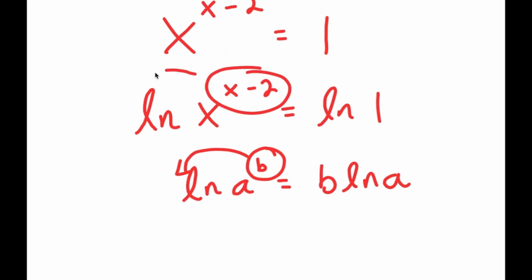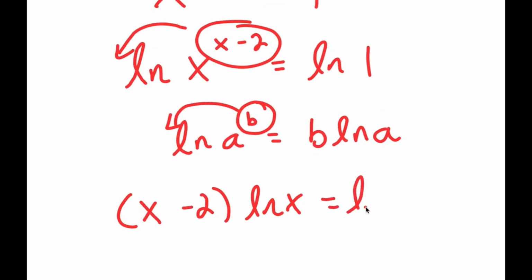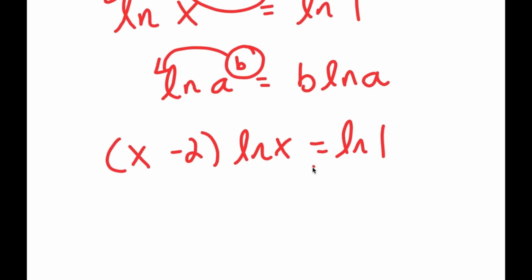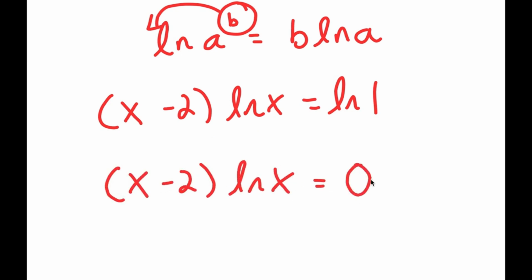But now, using this property, I can move it to the front, and now it's an actual term and it's much easier to solve for it. So I get x minus 2 times ln x is equal to ln 1, and ln of 1 is the same thing as 0. So I have x minus 2 times ln x is equal to 0.